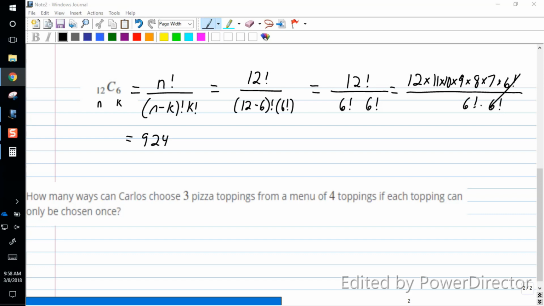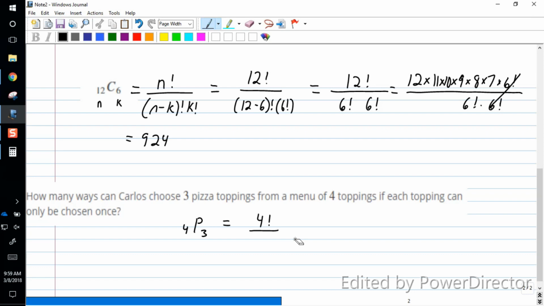Well, this is going to be a permutation, okay? Because the ways you can choose something, you can use different orders, right? So this would be 4P3, or 4 factorial divided by 3 factorial. What? No, that's not right. This is not a permutation.